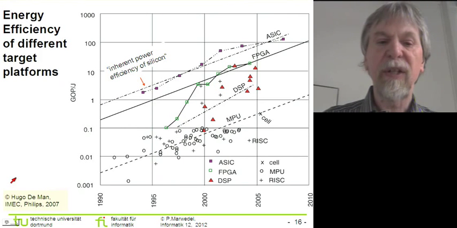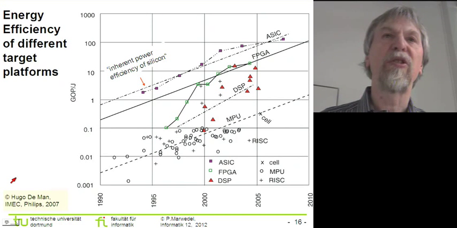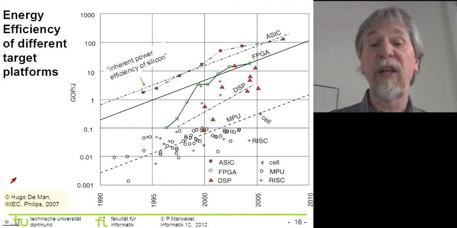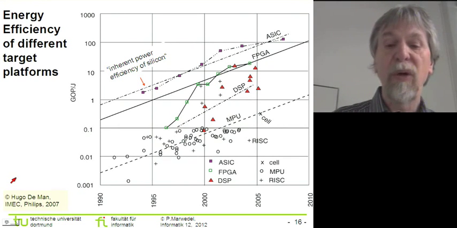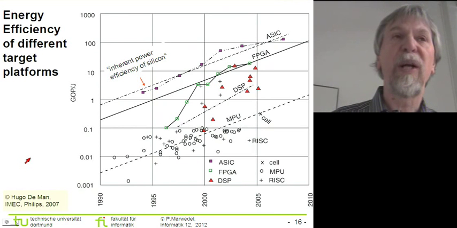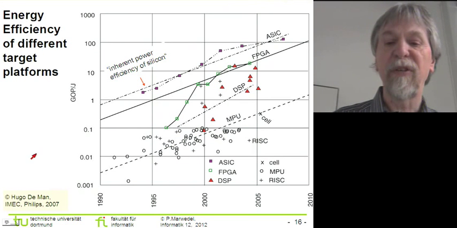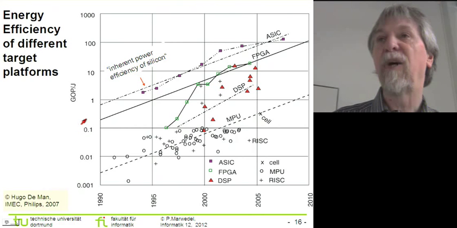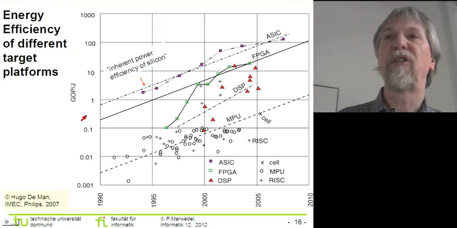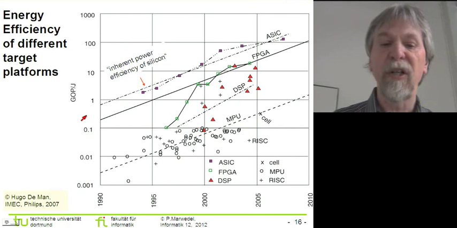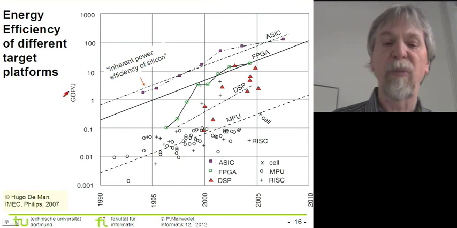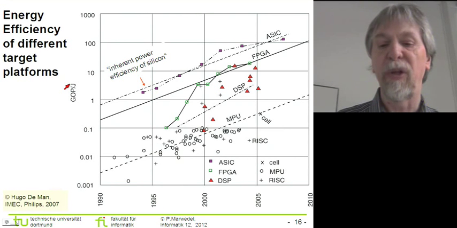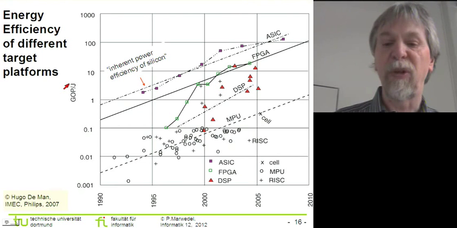So we have seen that this dynamic voltage scaling is one way of reducing the energy consumption. We also have to look at the different platforms that are available to us. And in this case, I'm repeating one chart that I have already shown earlier. In this chart, we see the energy efficiency in terms of the number of operations that we perform per unit of energy, that's per joule.